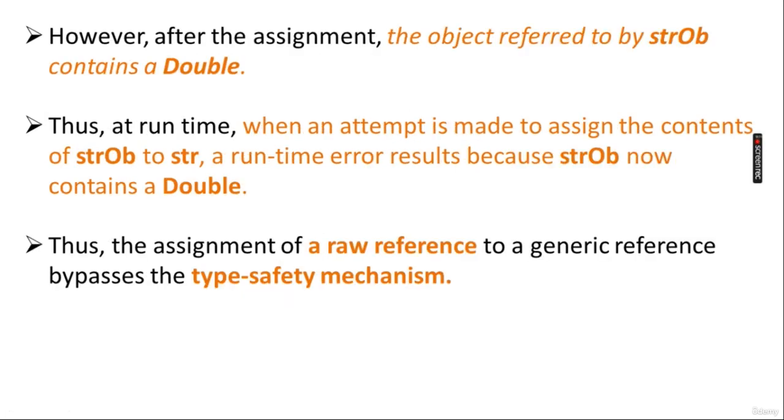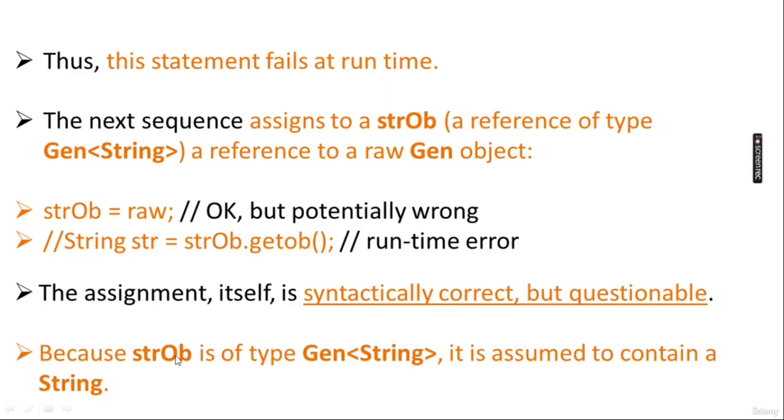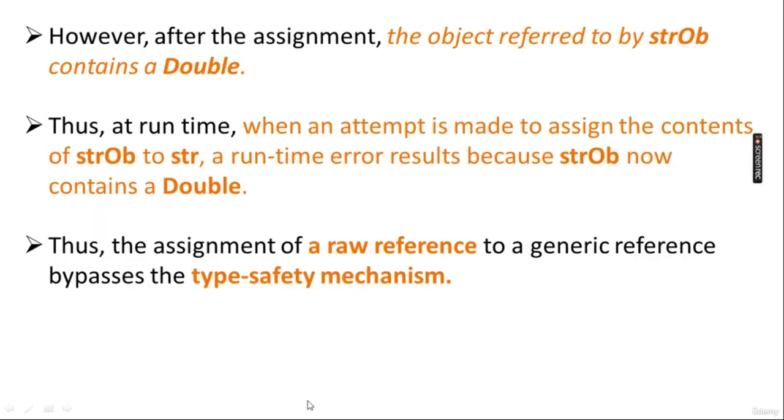However, after this assignment, the object referred to by strOb contains a Double. Okay, strOb of type Gen<String> is assumed to contain a String, and then after the assignment, the object referred to by strOb contains a Double value, which is not allowed.